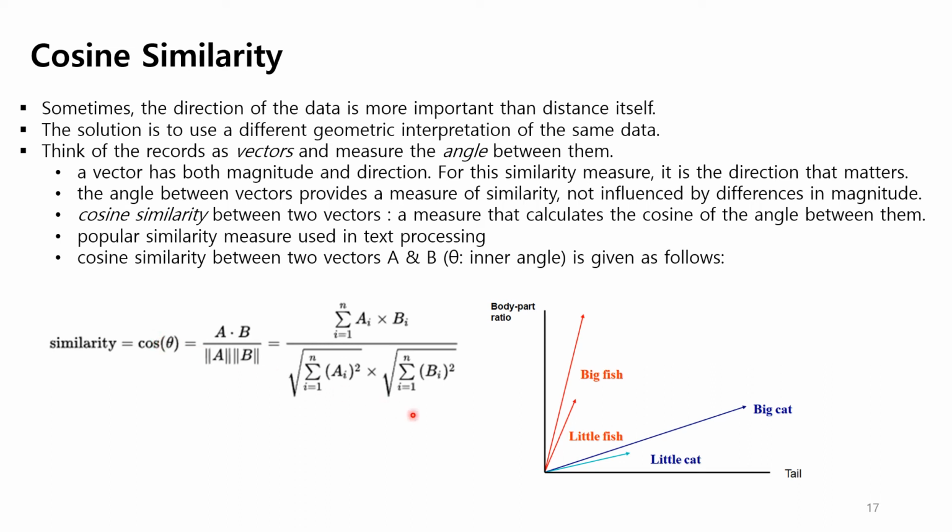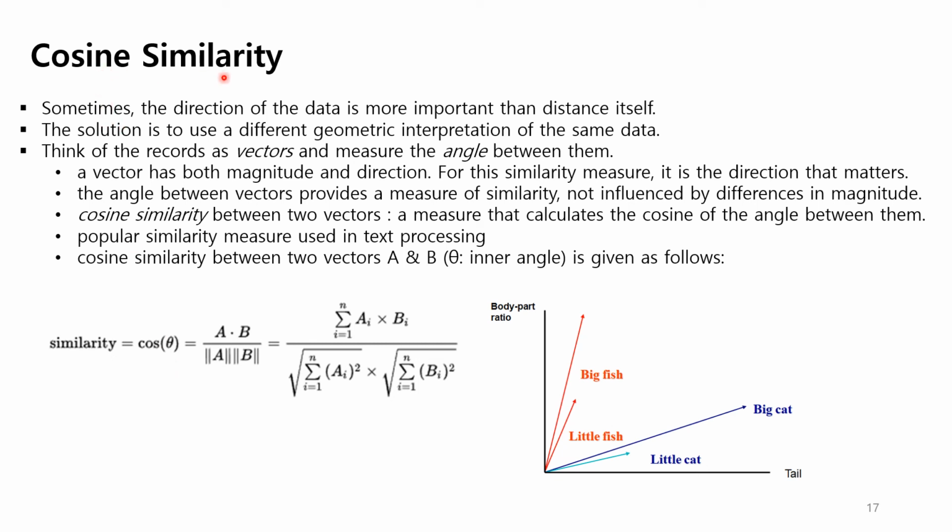And if this angle is very big, like 90 degrees, then the cosine value is 0, which means similarity is 0. So the bigger the angle is, the less similar the data are. That's the definition of cosine similarity.